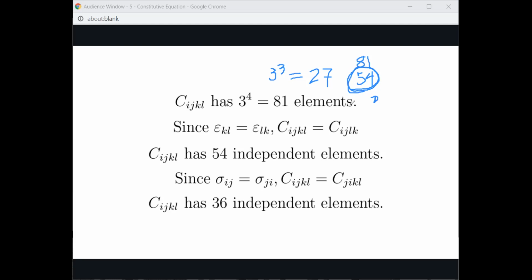But what I did here is, after this one, I thought of this intuitively. The 3 to the 3, 27, is the same as the 27 elements of the 81 elements. So, I subtracted them. But after this, I had difficulty thinking. What I did was brute force, I wrote down the 54 elements, and then I assumed ij equals ji. And it turned out that I had 36 independent elements. I needed to subtract 18.